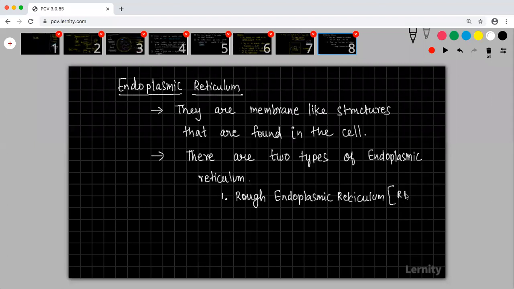We call it RER. And the second one is what we call the smooth endoplasmic reticulum, which we call SER.